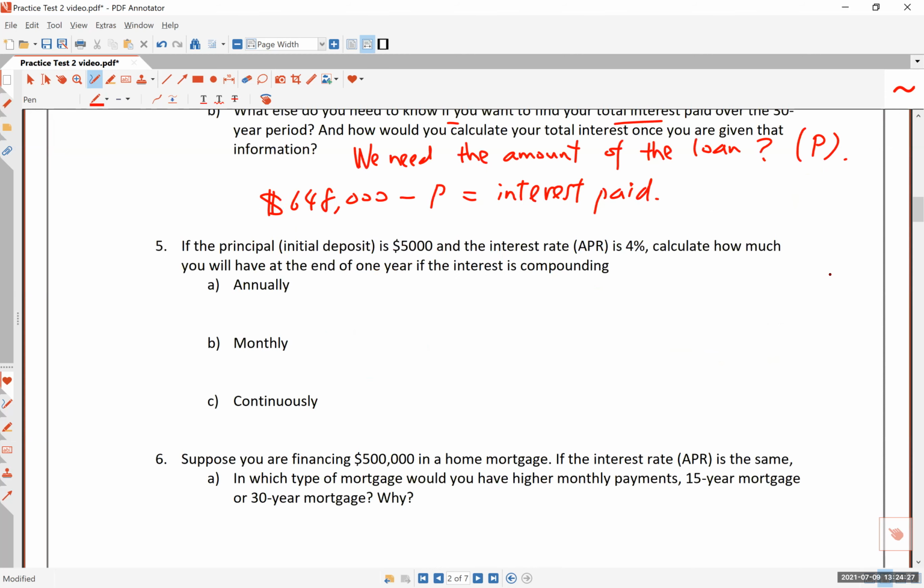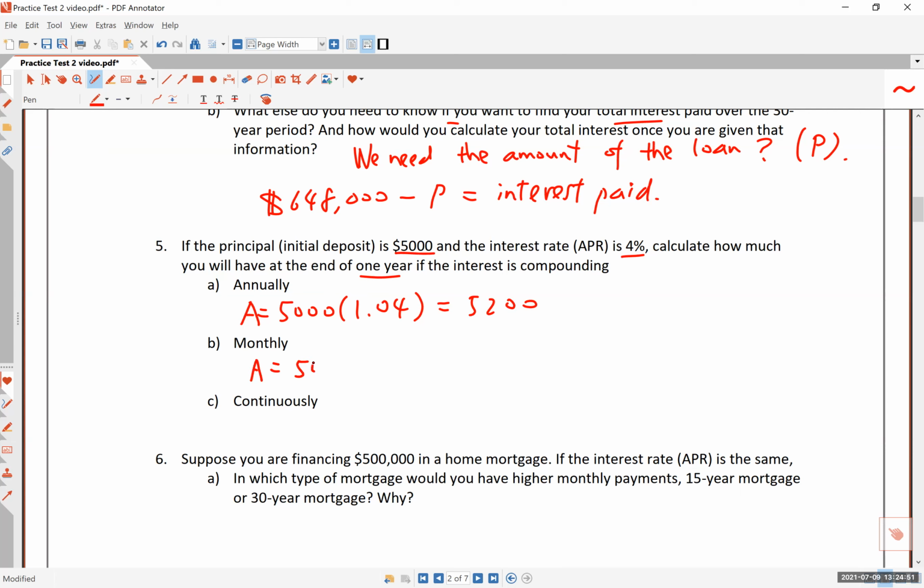Number 5, if the principal or the initial deposit is 5,000 and the interest rate is 4%, calculate how much you'll have at the end of 1 year if the interest rate is compounding annually. In this case, it's 1.04 after 1 year, and that's all you have to do, 5,200. Okay, monthly.